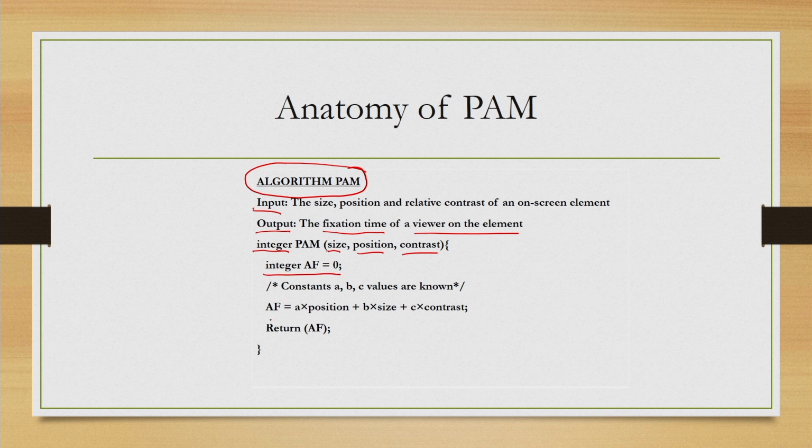These are variable declarations, and this is the code for computing the attention factor. This ends the algorithm. So, this is a very simple implementation of the PAM. If we have a formal structure, then it makes it easy to come up with such an algorithmic implementation of the model.